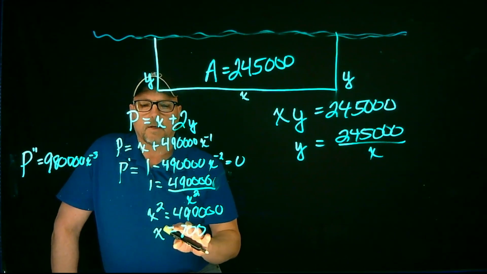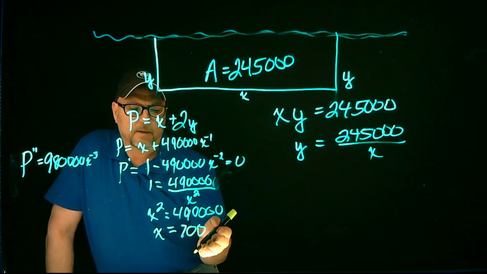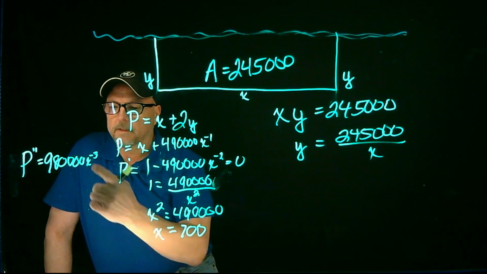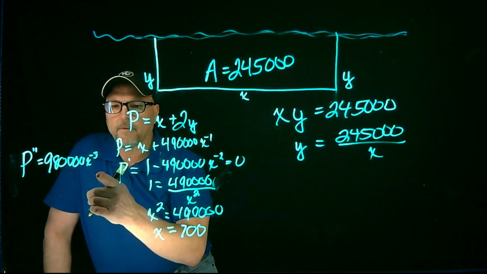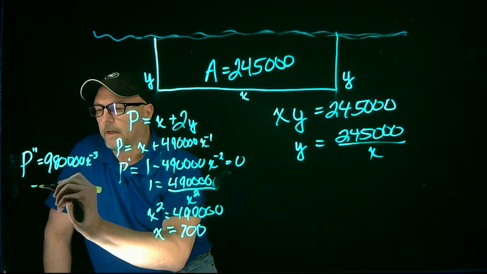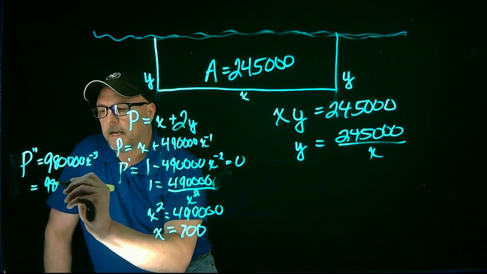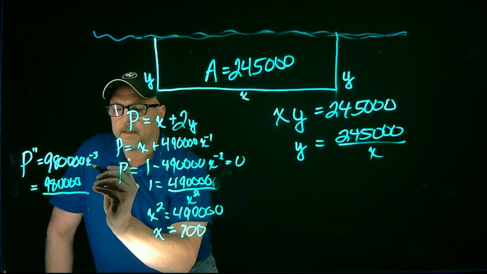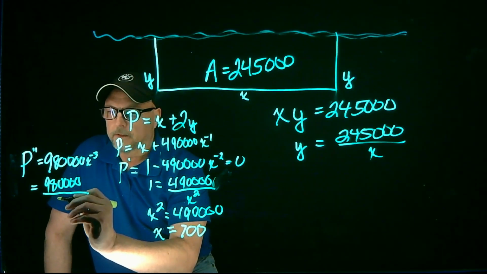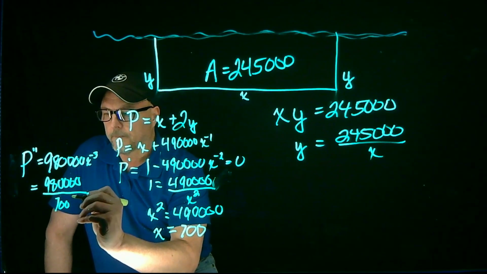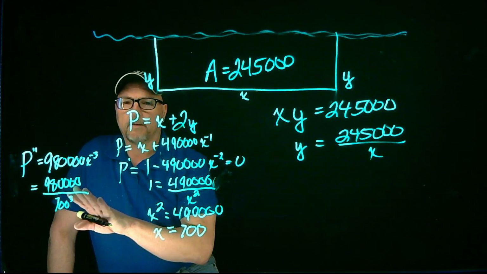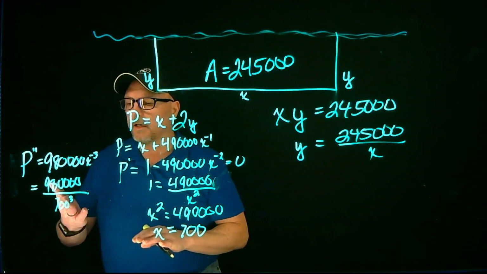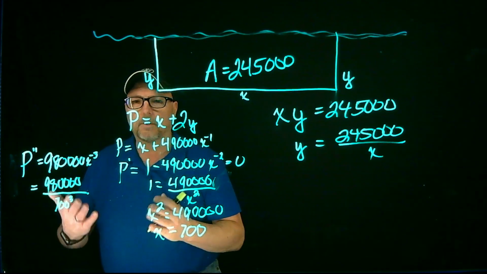So what you want to do to determine whether this value is a minimum or a maximum is substitute it into the second derivative to see if it's positive or negative. So that would give me 980,000. I'm going to make this x cubed in the denominator, so that would be 700 cubed. And at this point, I don't even have to figure this out because I know it's going to be positive.